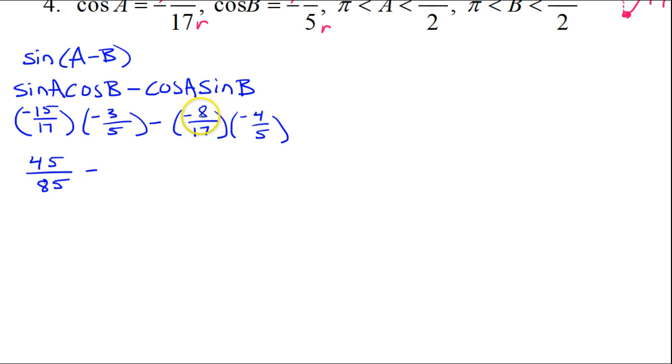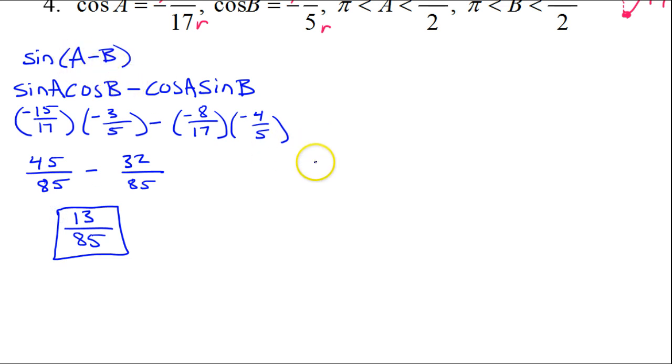A negative times negative is a positive. 8 times 4 is 32. So that's going to be 32 over 85. So 45 minus 32 is 13. So this is going to be 13 over 85. So that is the value of sine of A minus B.